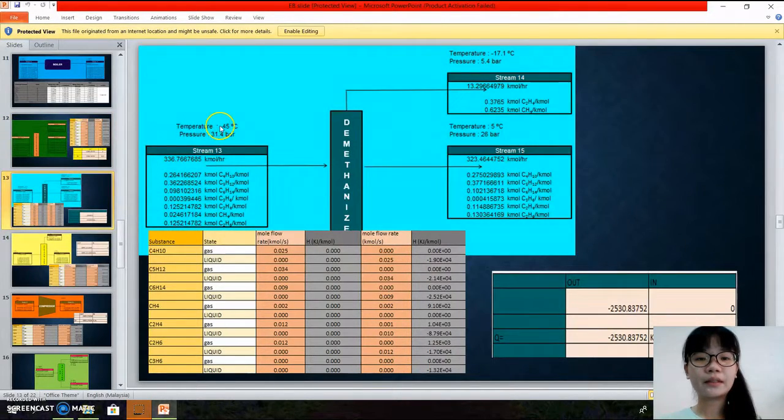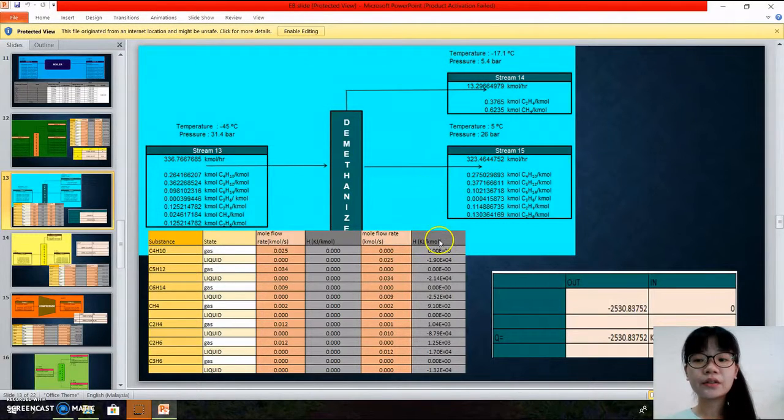Next, we move on to the demethanizer. The inlet temperature of the demethanizer is negative 45 degrees Celsius. The overhead outlet stream temperature is negative 17.1 degrees Celsius. The bottom one is 5 degrees Celsius. The inlet pressure of the demethanizer is 31.4 bar and the overhead outlet stream is 5.4 bar and the bottom one is 26 bar.